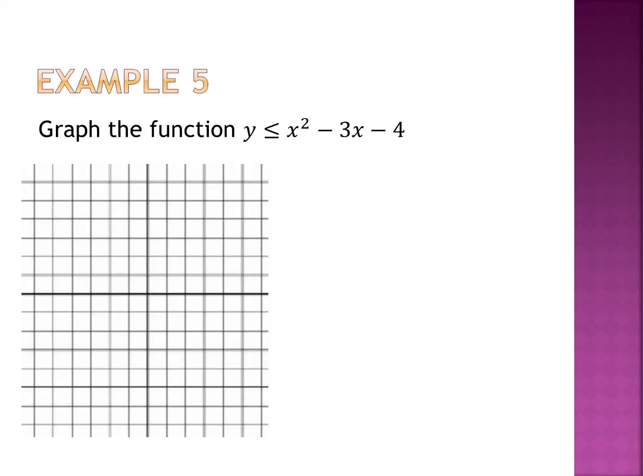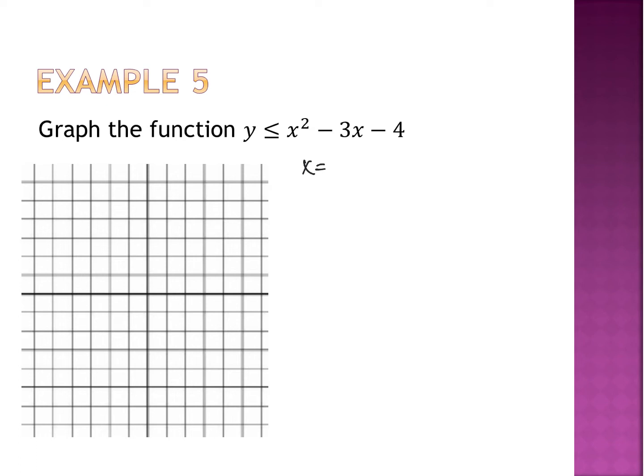So here I'm going to graph the function y is less than or equal to x squared minus 3x minus 4. So because I have y by itself over here and everything else is here, I can see that I have a quadratic function. And I'm going to treat this just like a quadratic graph without the inequality. So I'm going to go ahead and find my vertex.